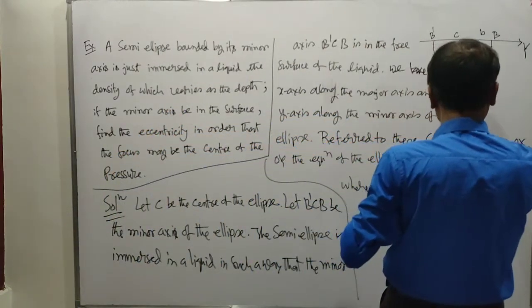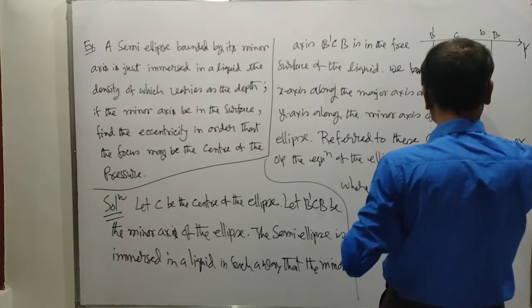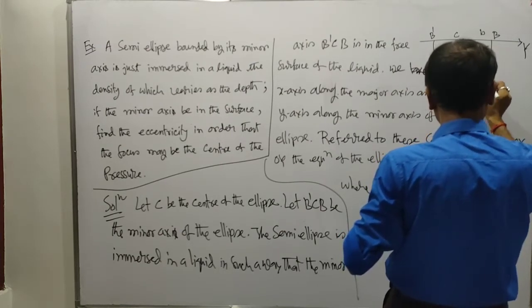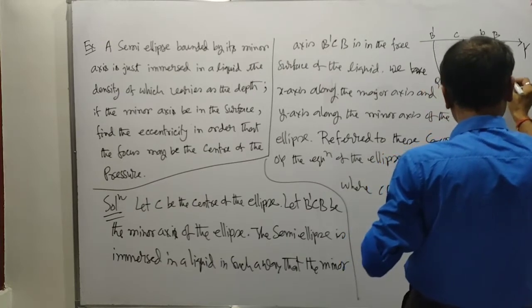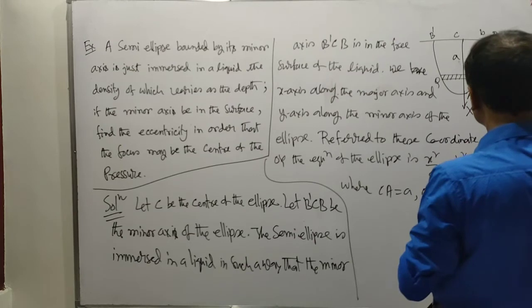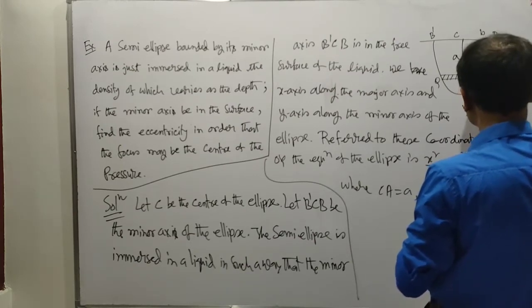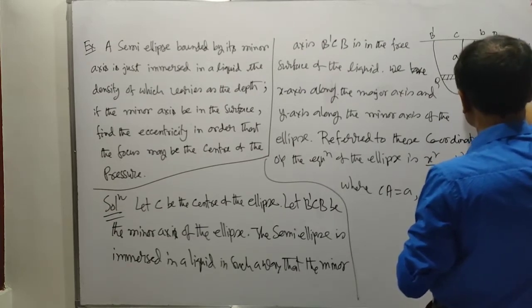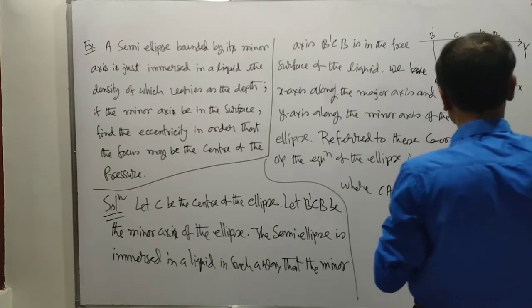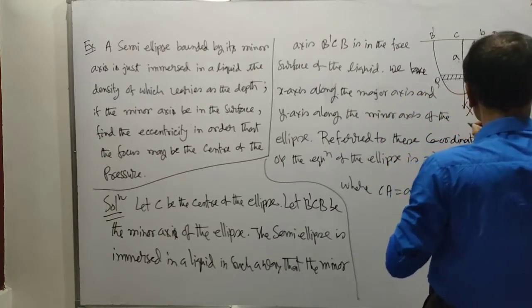Now, consider an elementary strip. Suppose PQ is an elementary strip of thickness delta x. What is this distance? Is this at the distance x?